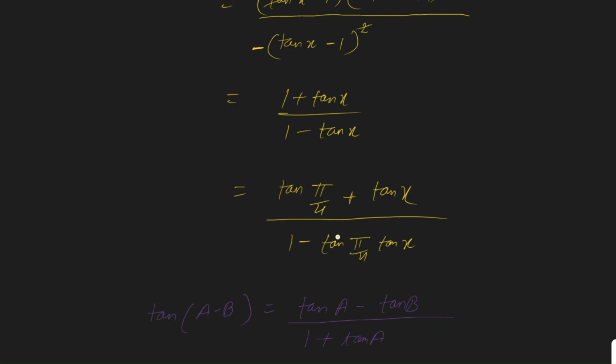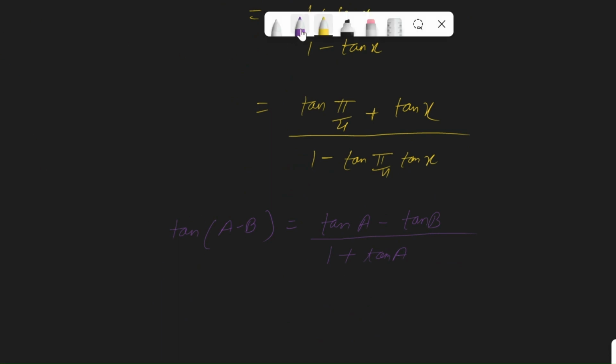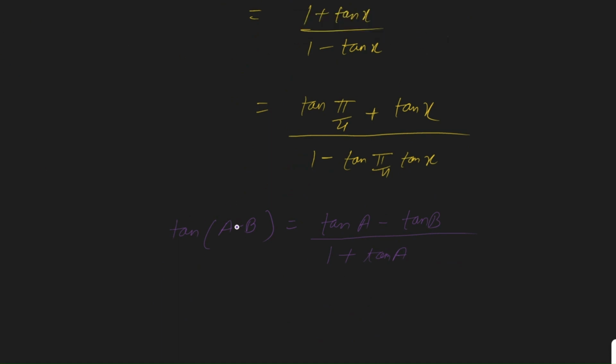This is plus and this is minus. Alright, so then this formula comes out to be the formula for tan A plus B, not minus. So this is A plus B, tan A plus tan B over 1 minus tan A tan B. So this is the formula for tan A plus B.